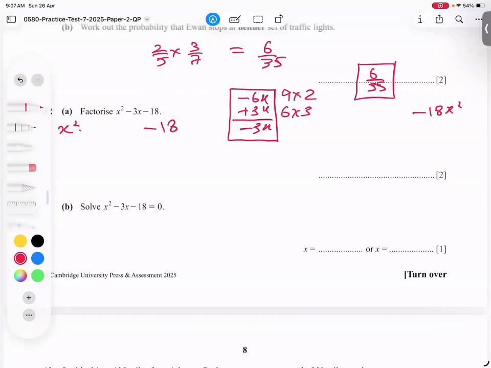So I'm writing now in any order, but I'm writing negative 6x before 3x later. From here, what is common? x is common. x gone, x left, and 6 left. And are these signs the same or different? If these two signs are the same, we must write plus outside. Otherwise, minus. I think the point is clear. And what is the common number? 3 is the common number. 3 ones are 3 and 3 sixes are 18.